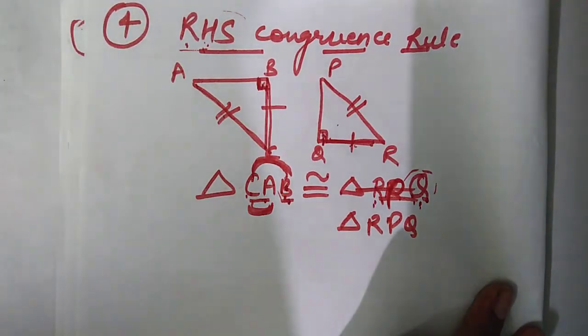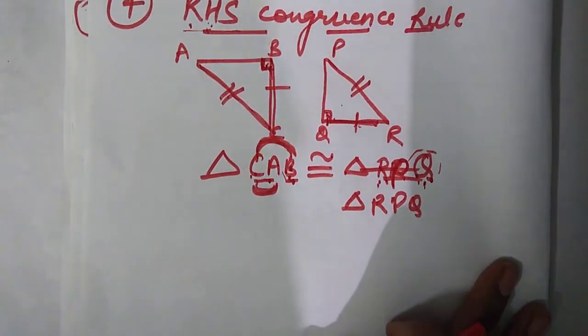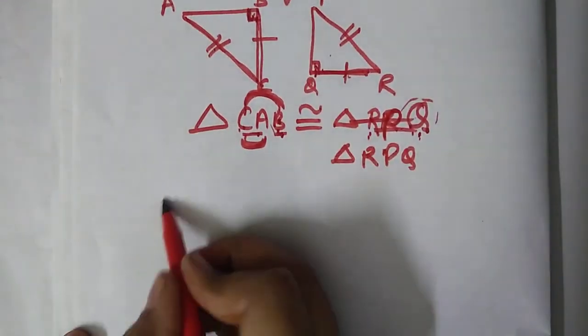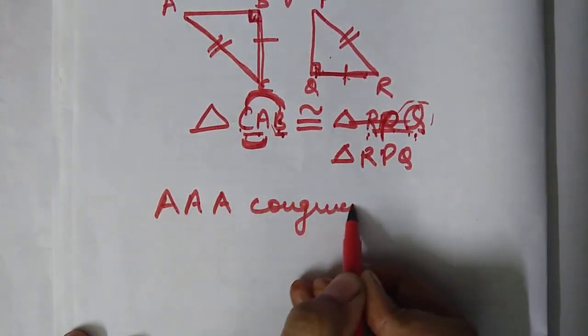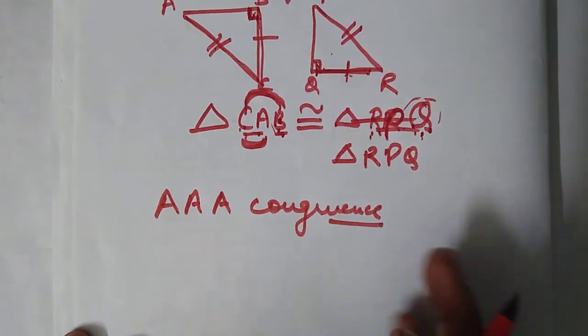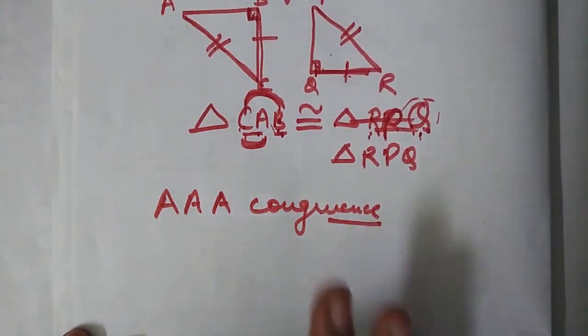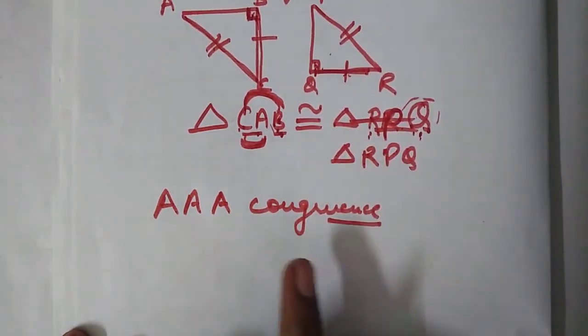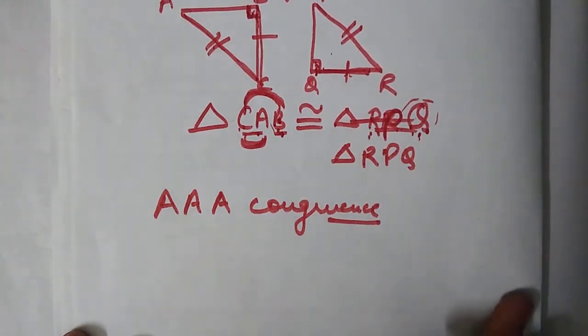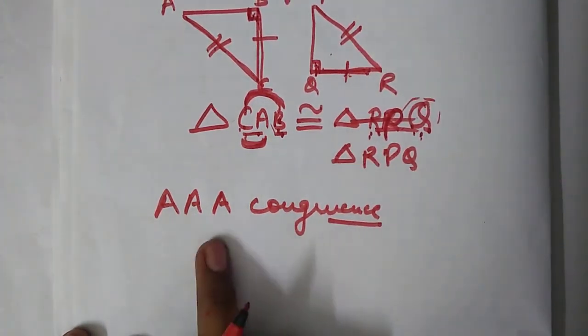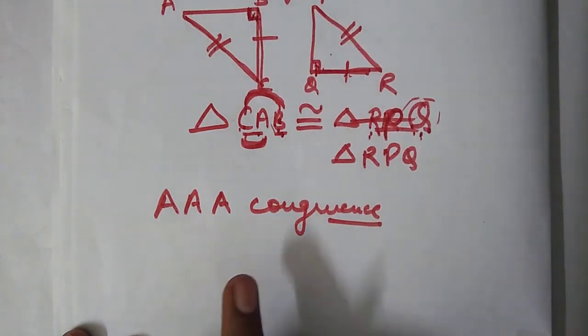Now one more thing I want to discuss, that is about AAA congruence rule of two triangles. Now listen, there is no such thing as AAA congruence of two triangles. We don't have this rule. Why?